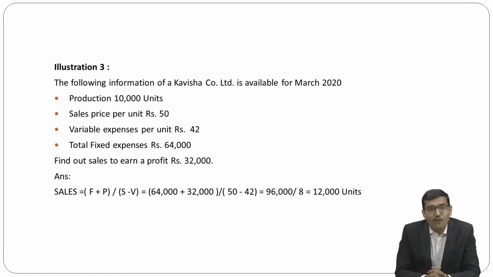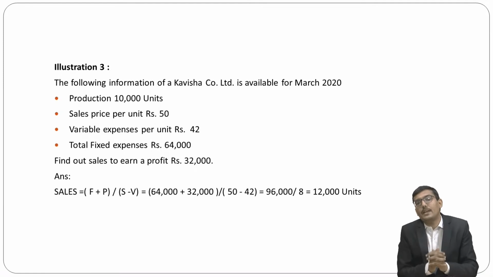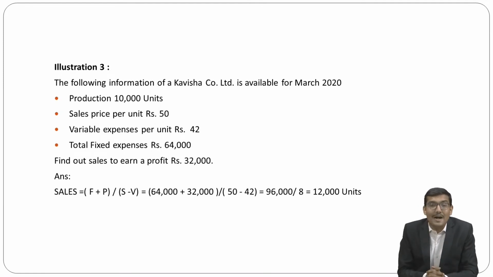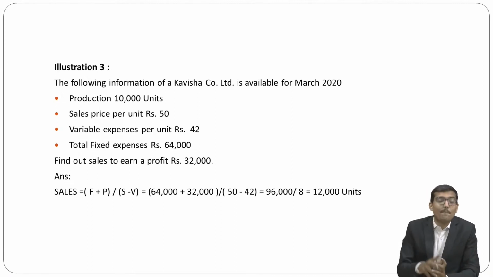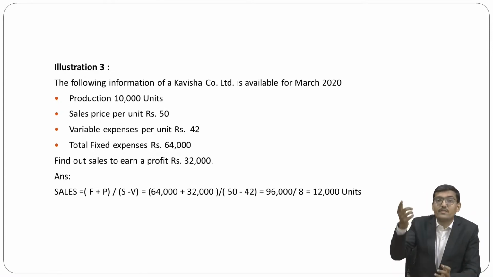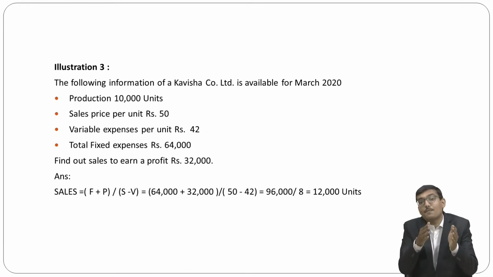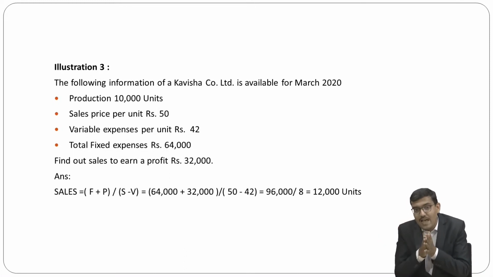The following information of Kavisha Company Limited is available for March 2020. The production is 10,000 units. Sale price per unit given is 50. Variable expense 42. Fixed expense 64,000. Very good.